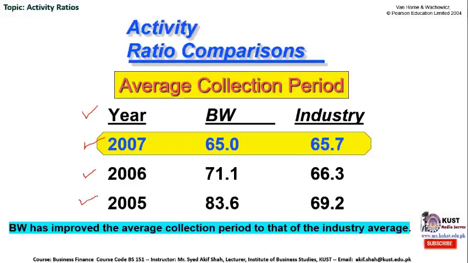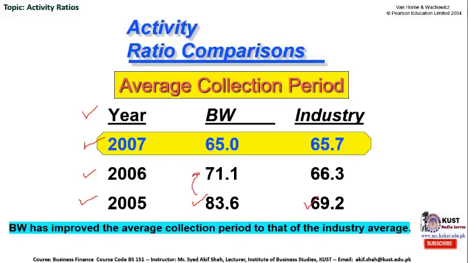obtained from the archives of Basket Wonder, where we have come across that Basket Wonder's average collection period in 2005 was 83 days. However, the industry was 69.2 days. It means that Basket Wonder was performing poorly in 2005 because it was requiring more days to collect its account receivable.